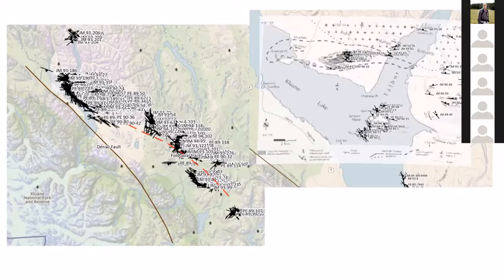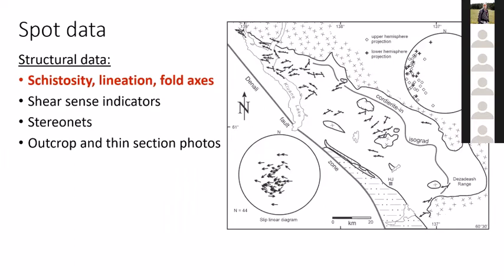Yeah, so next slide, please. I've got a lot of structural data. What I've done so far in these couple of days is just enter the schistosity, lineation, and some fold axes. I hadn't had time to build an extra dataset for the shear sense indicators. Of course, I can incorporate stereonets. I've uploaded a couple of outcrop and thin section photos.